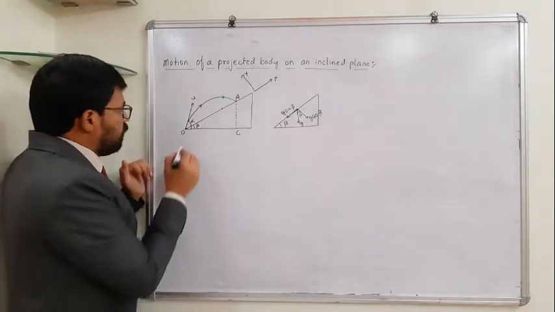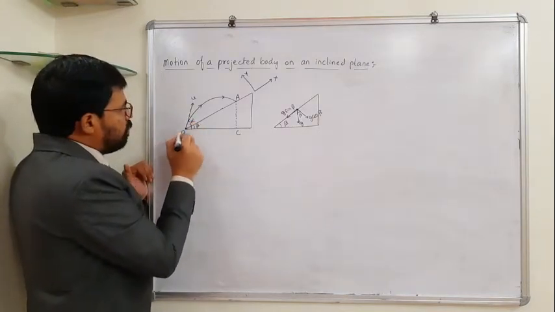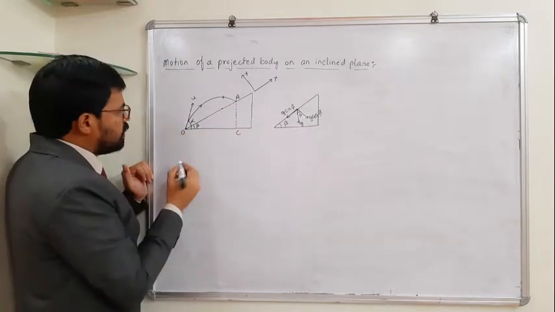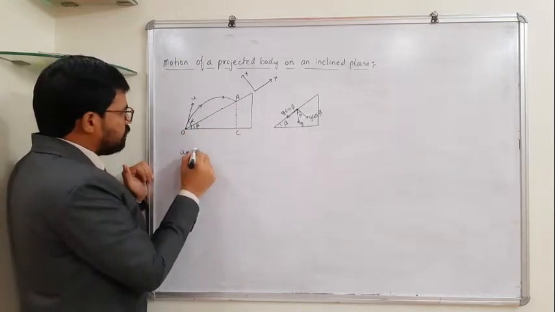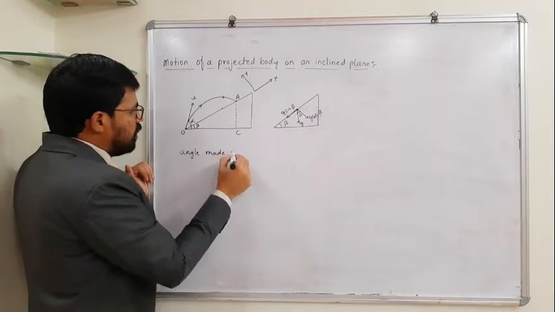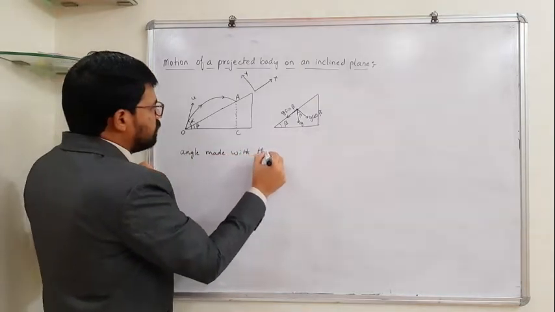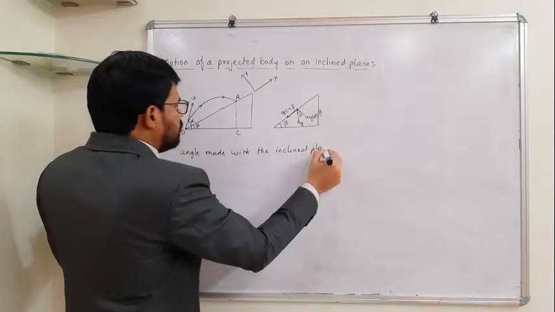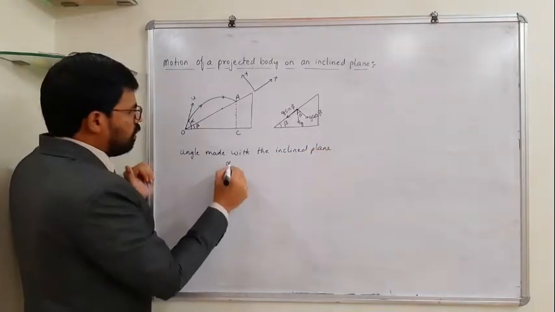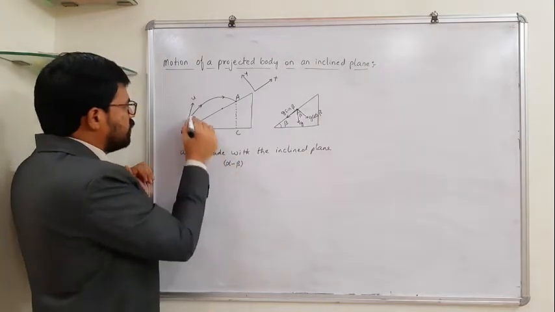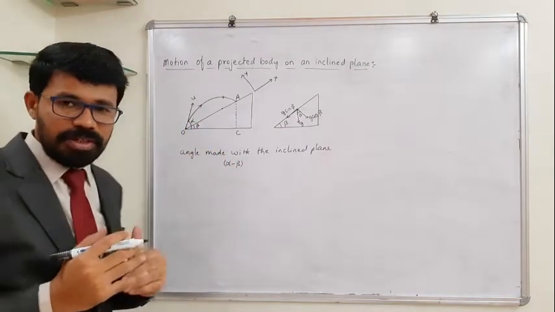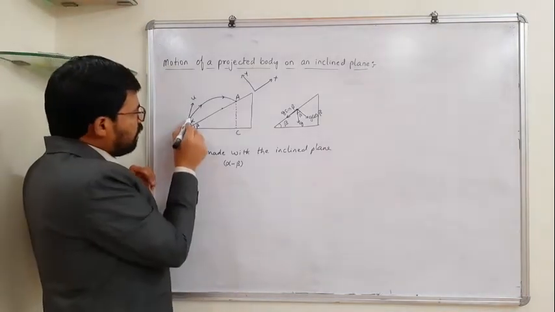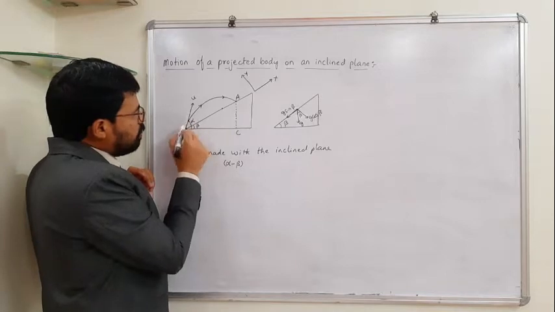If you wanted to find out the angle made by this initial velocity vector with the inclined plane, how much will that angle be? Alpha minus beta, isn't it? So now you can consider this situation as a body projected with a velocity u, making an angle alpha minus beta with the inclined plane.